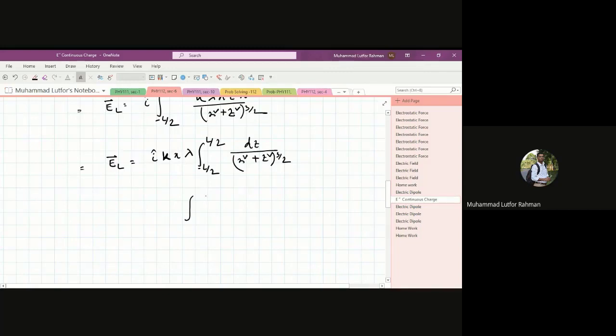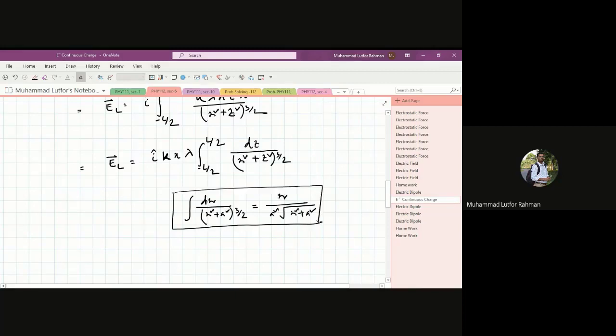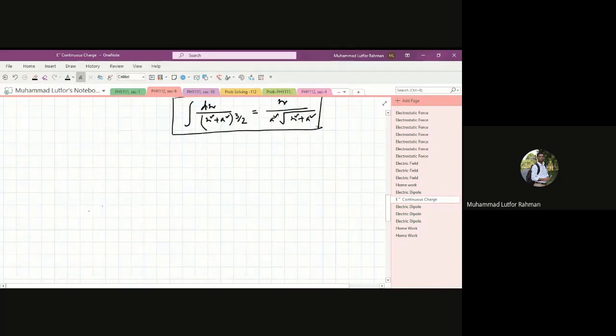If we have the integral dx over (x square plus a square) to the power 3 by 2, then the answer would be x over a square into square root of x square plus a square. So this is the standard formula for this integration. Using that formula for our case, we can write down this answer.